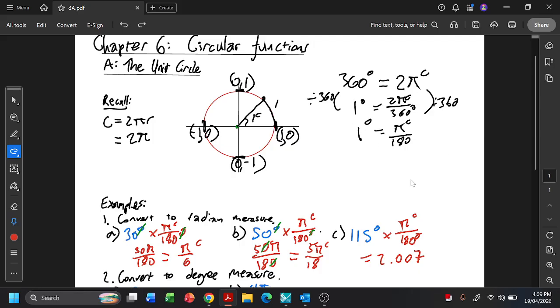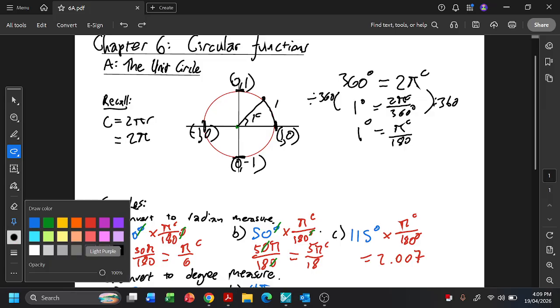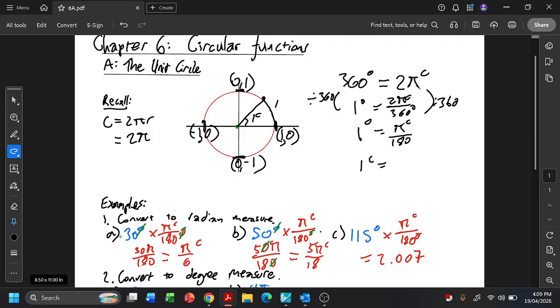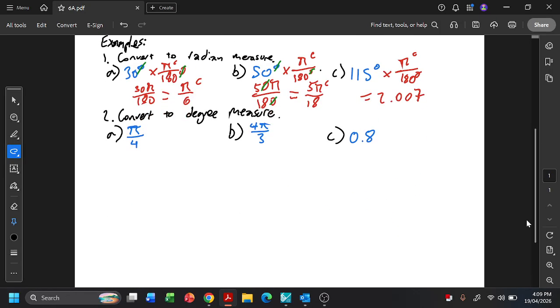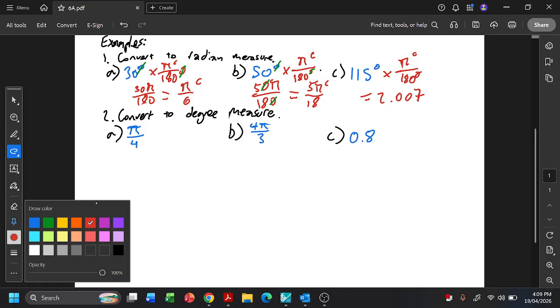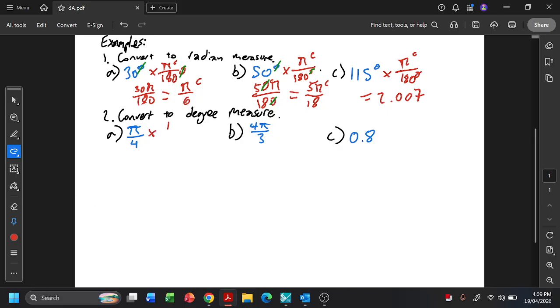If we were to do the exact same thing and divide by 2 pi, we would find that 1 radian would be equal to 180 degrees divided by pi. So if we want to convert from radians into degrees, we need to multiply by this ratio. So again, let's set that up. It's going to be multiplied by 180 degrees over pi radians.